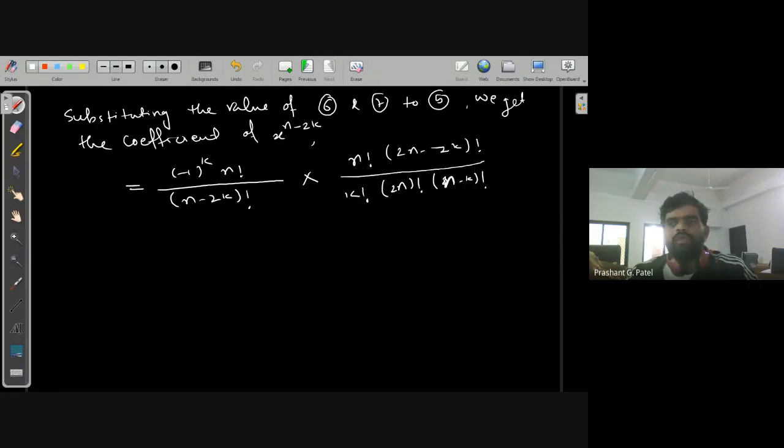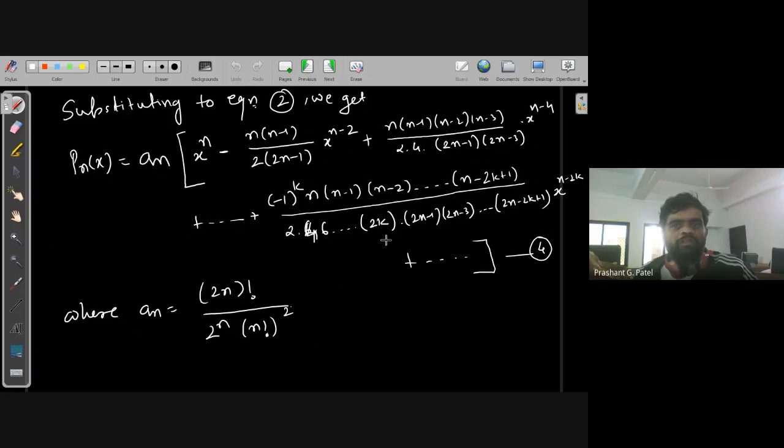So now what we can get? So from equation 4, we note that, what was the equation 4? Let us see that. In this, what will happen?